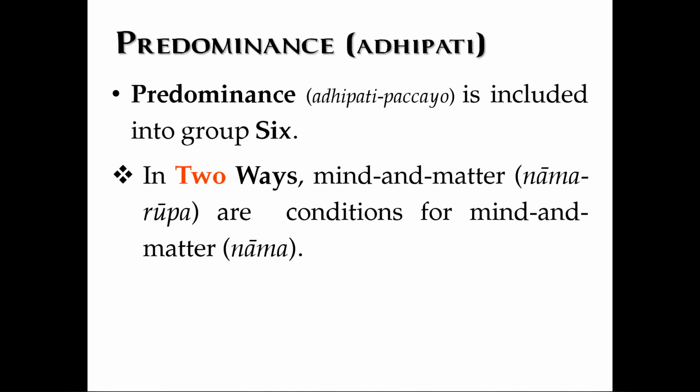Under the conditioning state, we have 80 matters, right? And 84 chetas, 47 chetasikas. When you look at this one, Nibbana is a Nama Rupa. And when you look at conditioned states, that means the effect, and you will see cheta, chetasika, and material phenomena. For that reason, we have to include predominance under group 6.